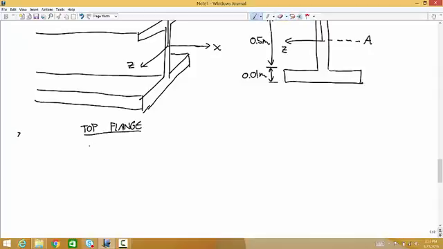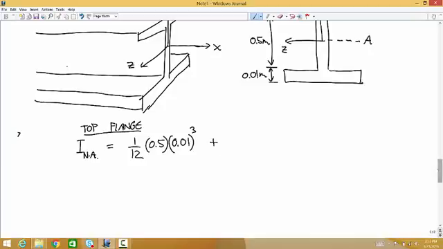Well, the moment of inertia about its neutral axis is 1/12 times the width, which is 0.5, times the height, which is 0.01, cubed. And then we have to use the parallel axis theorem.